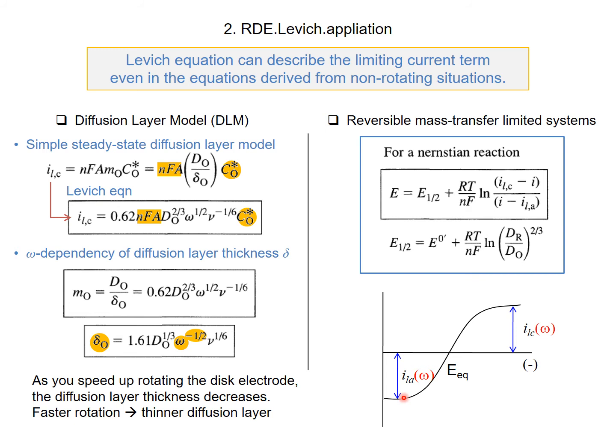In this case, we could use the Levich equation. The limiting current for the cathodic process, in this equation, or the limiting current for the anodic process, in this equation, is a function of the rotational speed, omega. I mean, the Levich equation works for the limiting currents of both cathodic and anodic processes. Again, the limiting current is proportional to the square root of the rotational speed omega.